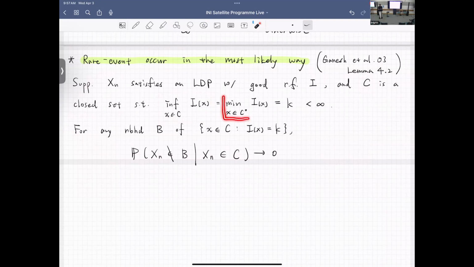But let's suppose that the infimum is even attained in the interior of C, and let's say that value is K. Then consider the neighborhood of the set of values that gives you K. The probability that Xn is outside of that neighborhood, conditional on the rare event, goes to 0. So this means that it happens because of exactly these scenarios.